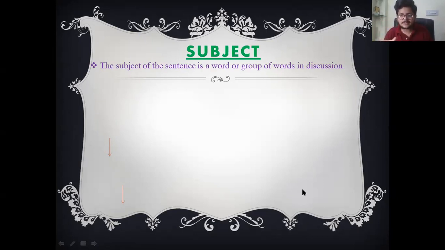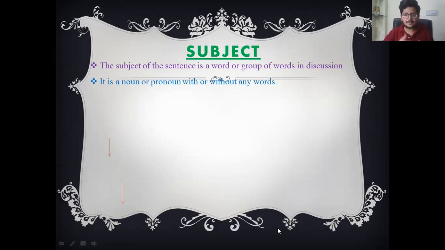Whatever the sentence is being discussed, the part of the sentence on which the rest of the sentence is talking about, that will be called the subject. And it is a noun or pronoun with or without any words.